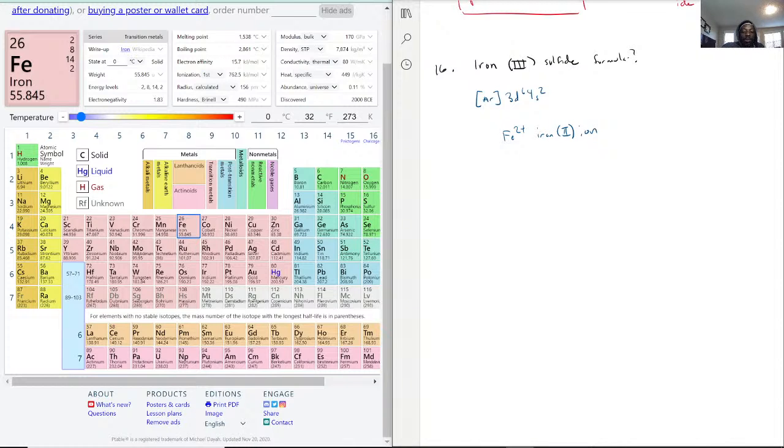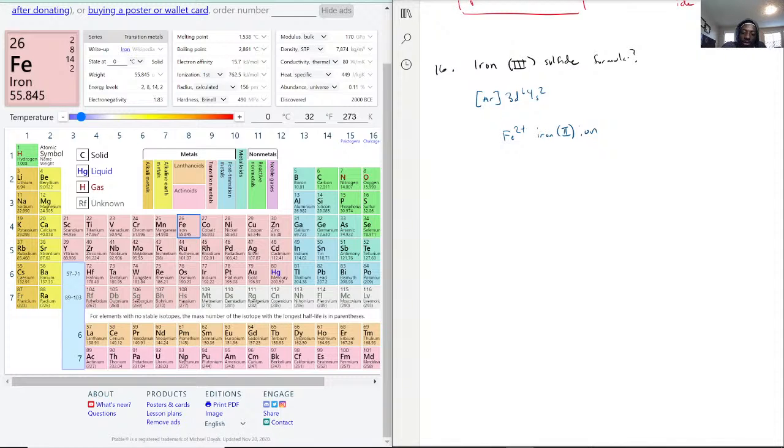But the d shell has, I guess, half points of stability. It feels more stable when every orientation in the subshell has only one electron in it.